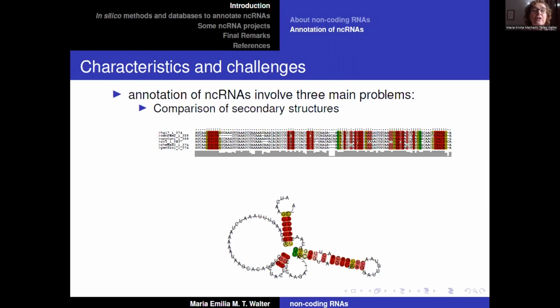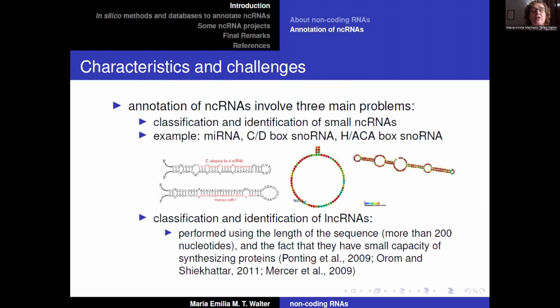In this figure, you see the multiple alignment of six sequences at the top, and you can see this alignment in secondary structures. Next. So we can classify and identify both sets of small non-coding RNAs and long non-coding RNAs.